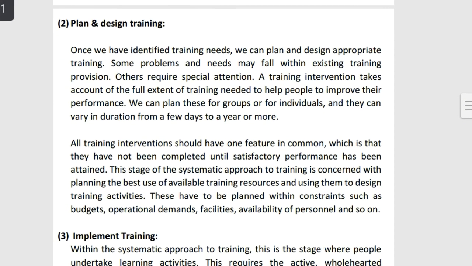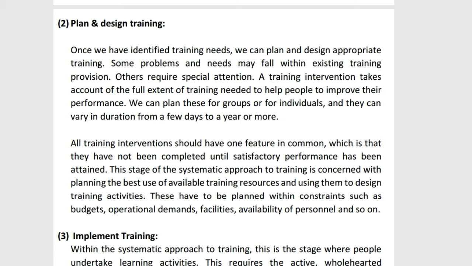Step number 2 in SAT, that is plan and design training. Once we have identified training needs, we can plan and design appropriate training programs. Some problems and needs may fall within existing training provisions. Others require special attention, and that's why a training intervention should take account of the full extent of training needs to help people to improve their performance.